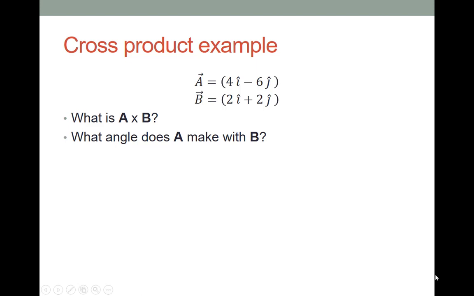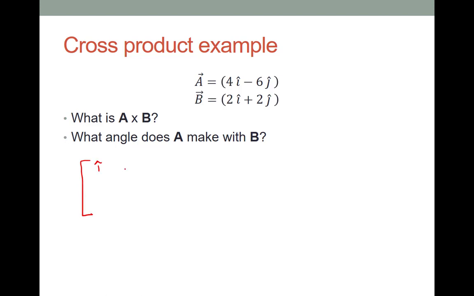I'm now going to do an example of calculating a cross product using vectors in 2 dimensions. And I think I may have misspoke a minute ago about how to use the trick, but let me demonstrate it here for these 2 vectors and show you how to do it when you have vectors in only 2 dimensions. So we're going to find A cross B. And the first thing we're going to do is make our matrix.